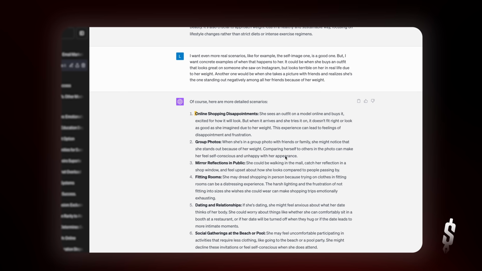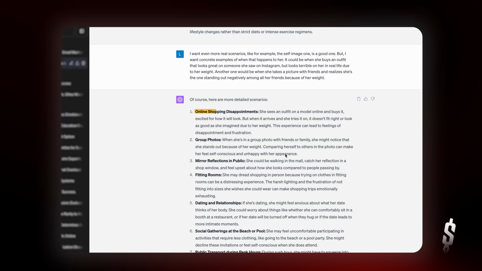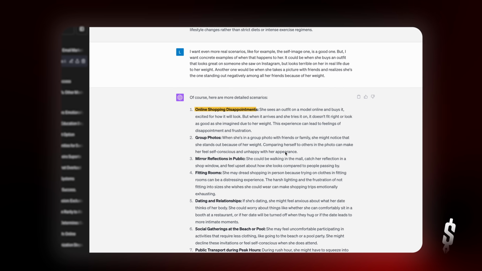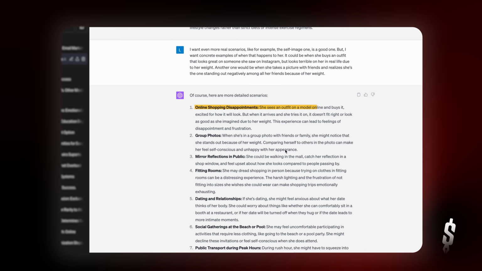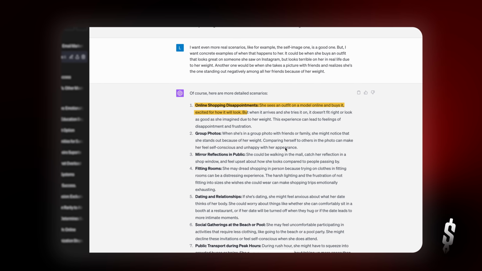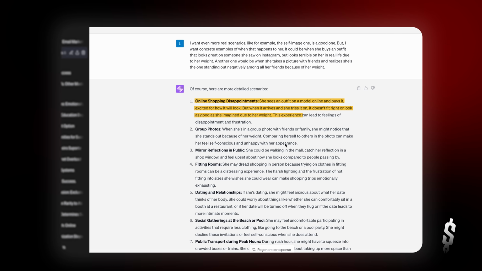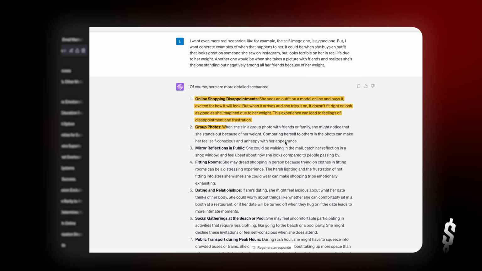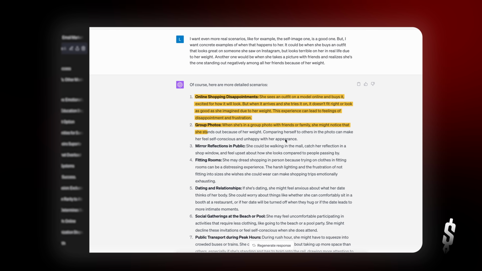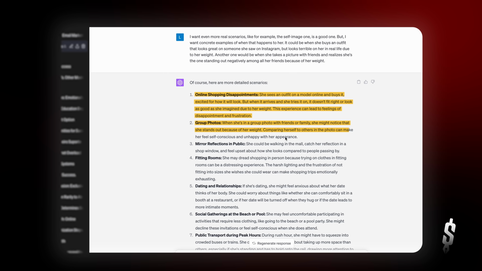Let's see here, online shopping disappointments. She sees an outfit on the model online and buys it, excited for how it will look. But when it arrives and she tries it on, it doesn't fit right or look as good as she imagined it due to her weight. This experience can lead to feelings of disappointment and frustration. Group photos. When she's in a group photo with friends or family, she might notice that she stands out because of her weight.